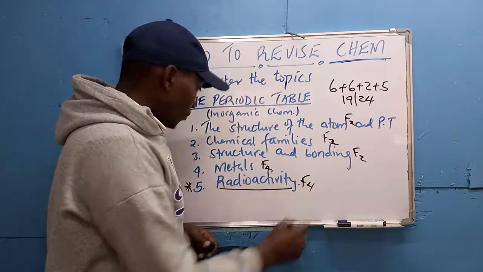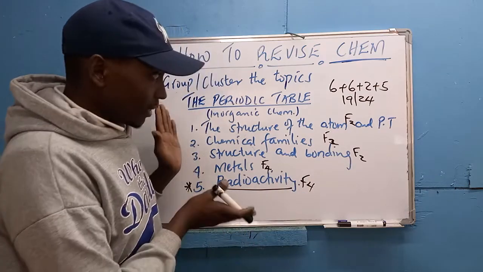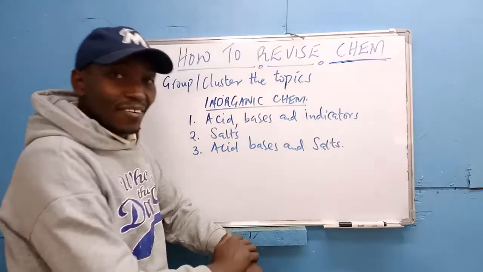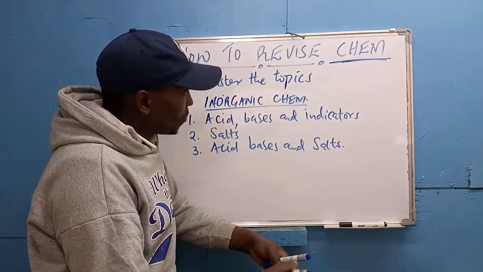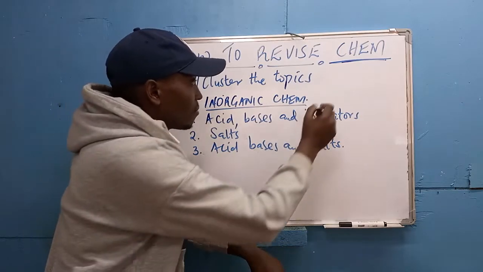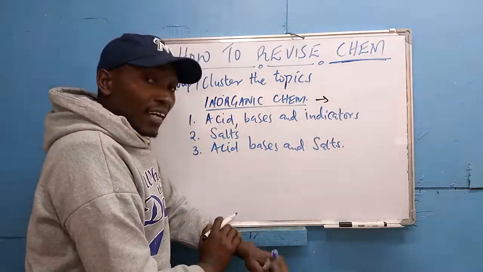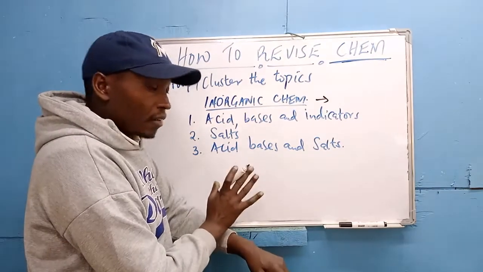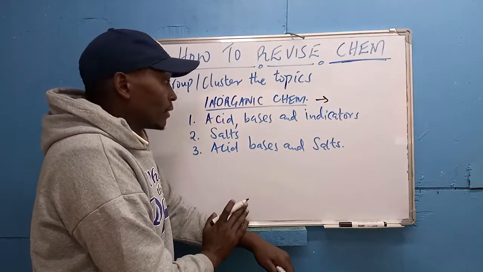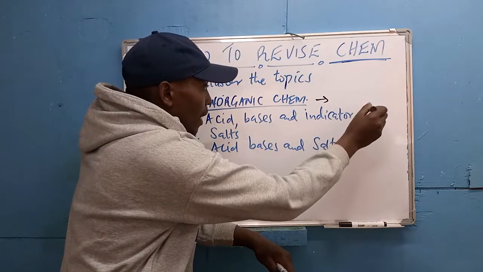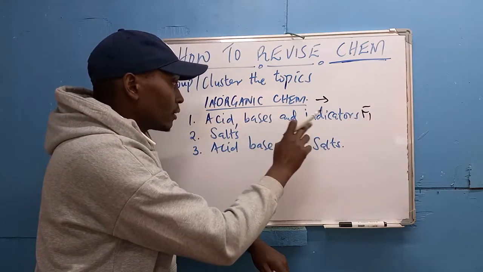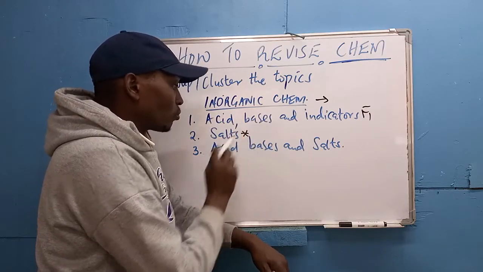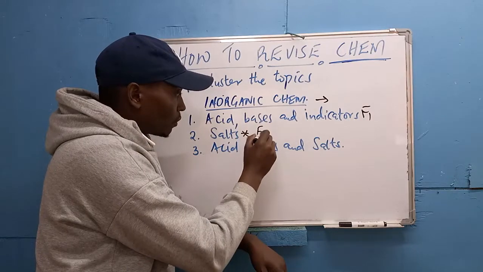And that is it. So we go to another category, basically that of topics that can be put together. Maybe another category I can simply call inorganic, though not entirely inorganic chemistry, but mainly we handle them inorganic-wise. Like a topic in Form 1, acids, bases and indicators. That is a topic very much related to another topic in Form 2 called salts.